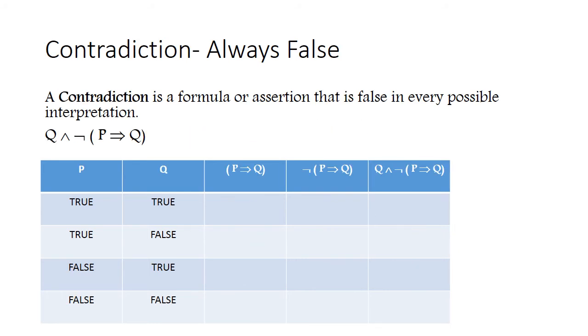Let's come to contradiction. Contradiction is always false. It is a formula or assertion that is false in every possible interpretation. We have two propositions, P and Q, and these are the different combinations of P and Q that can be possible. P implies Q means we have a true false condition, so this will be false and the others will be true. Not P implies Q is just the opposite.